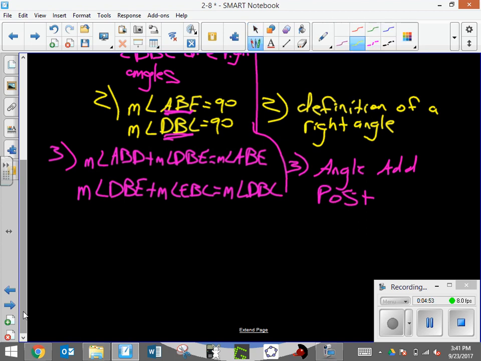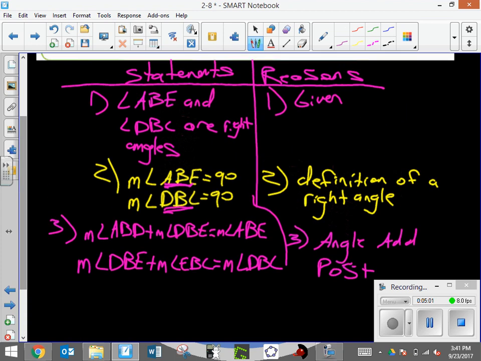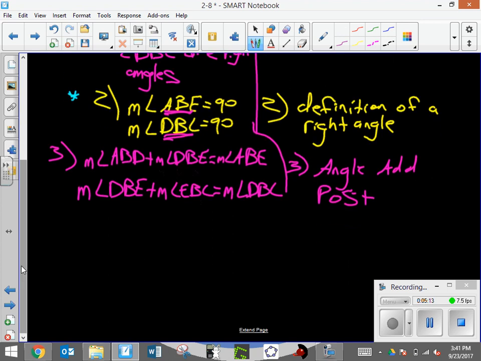Next, I've used this one already. Let's use this one. If I have two angles being equal to 90 degrees, then we know that both of the angles should be equal to each other.